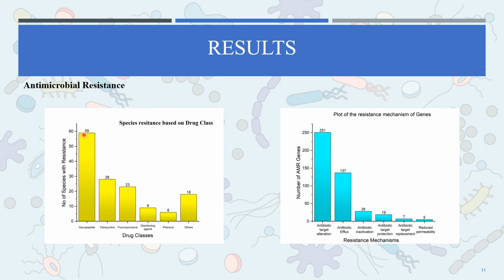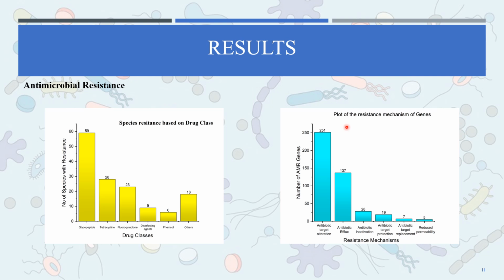So if you potentially take a drug from the family of glycopeptides, it is pretty much sure you're not going to have any effect on your body, because like 70% of your gut shows resistance to it. So for it to be effective, there's a very negligible chance.